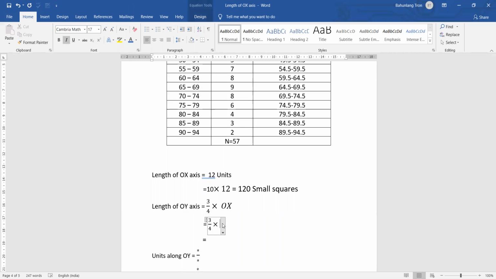OX is 120. If I calculate 3/4 of 120, I will be getting 90 small squares, that is, 9 big squares. So if I cross this 20, I will be getting 30 over here.